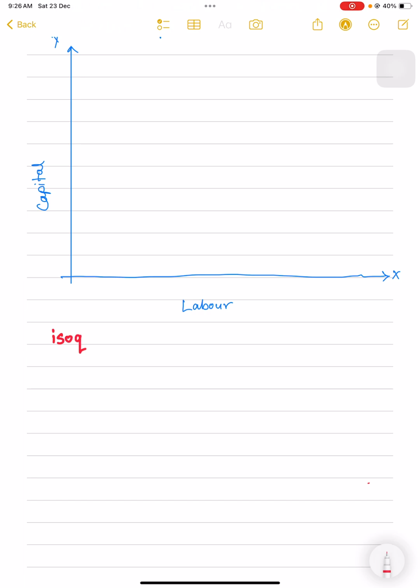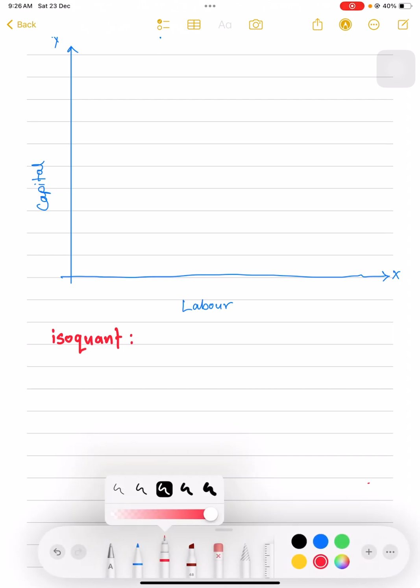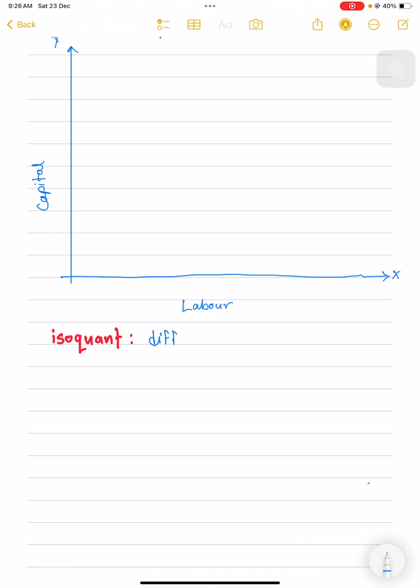Isoquant is nothing but different combinations of capital and labor that give the same output.